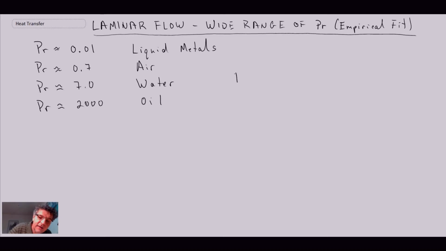And looking at the definition of Prandtl number, remember we talked about this in an earlier lecture. If we write out our kinematic viscosity divided by the thermal diffusivity, it's essentially quantifying viscous diffusion over thermal diffusion.